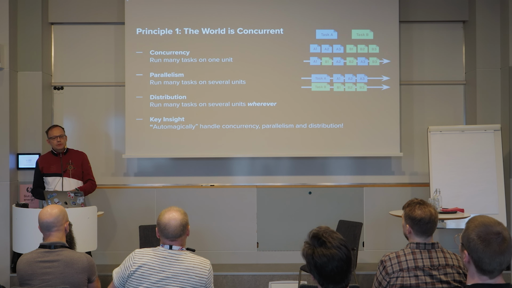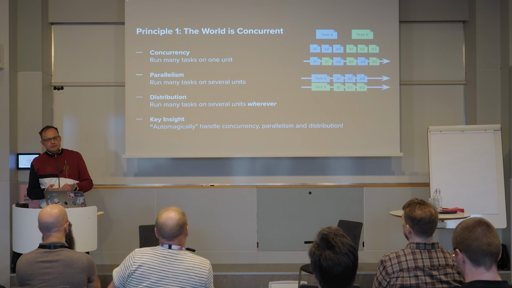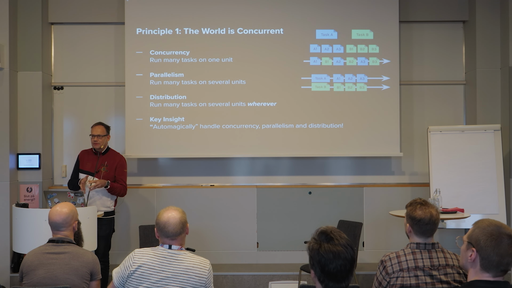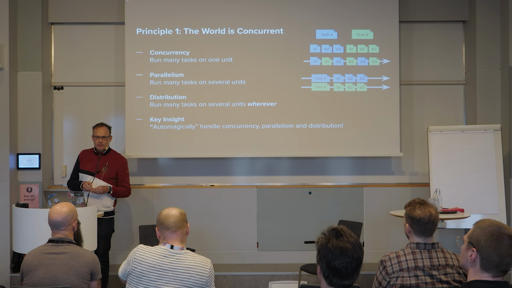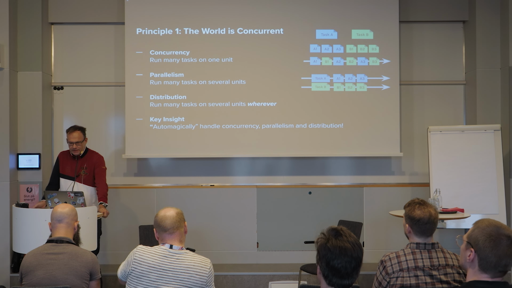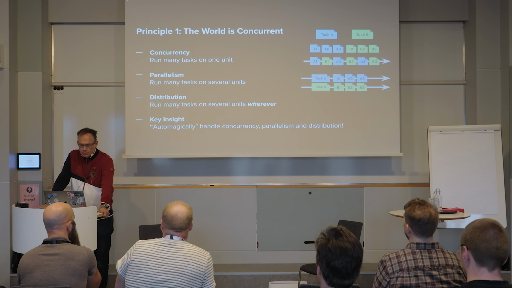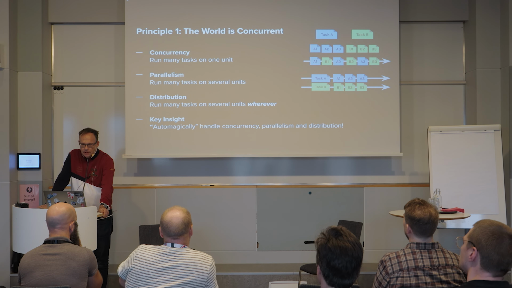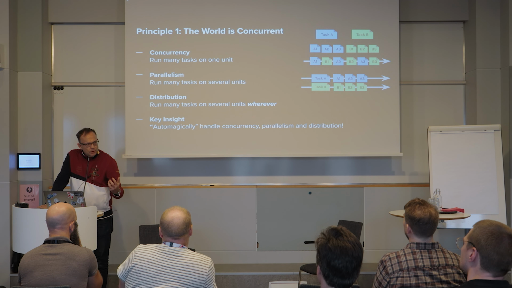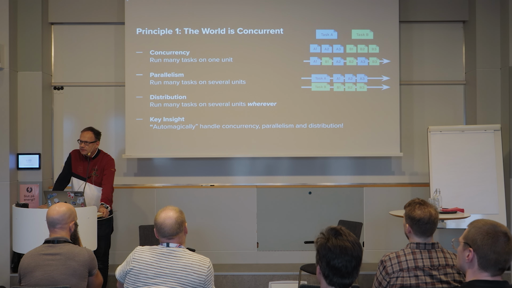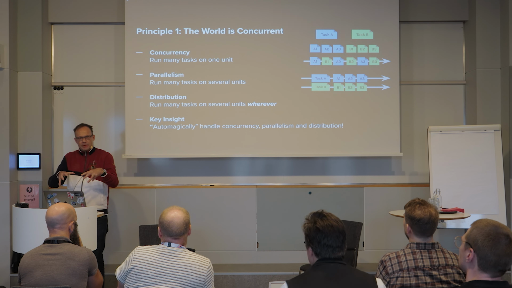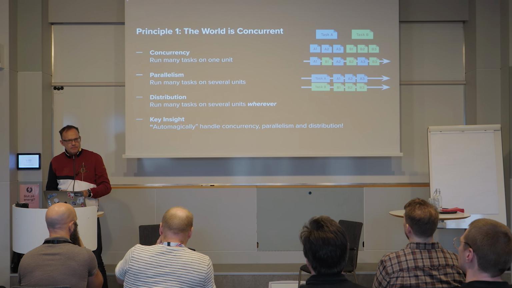Moving on then, distribution. You run many tasks on several units, sort of wherever. Doesn't have to be on the same machine. It can be machines wherever in the world, and then of course you have latency and whatnot to handle. But the cool thing is, based on this first principle, the key insight was you want to automatically handle concurrency, parallelism, and distribution in your programming language or in your virtual machine.